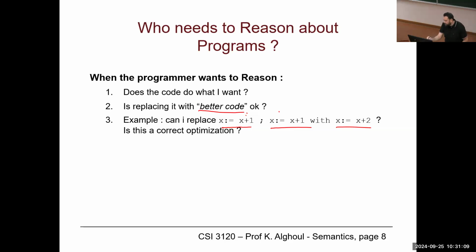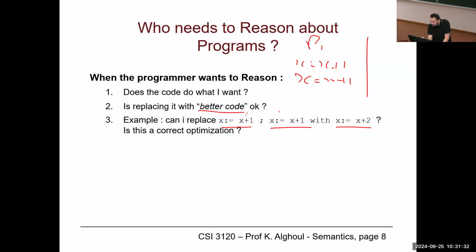So technically here, let's say the program is this. Program one says x equal x plus 1, and then x equal x plus 1 again. You're looking at this one and saying they are doing the same thing, for example.